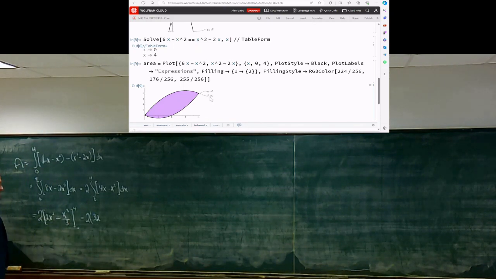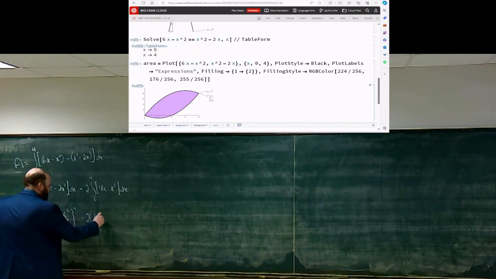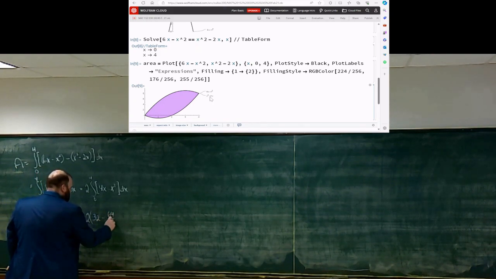Minus 4 cubed is what? 64 over 3. And again, when it's 0, it's just 0.